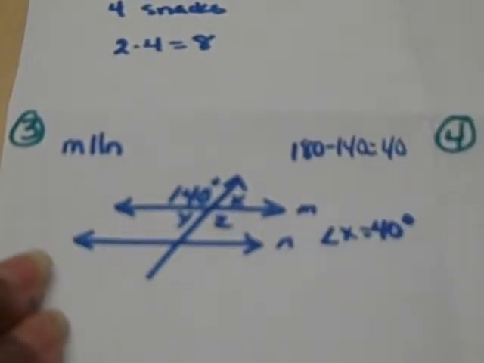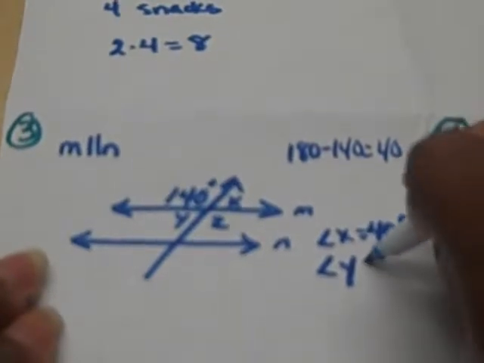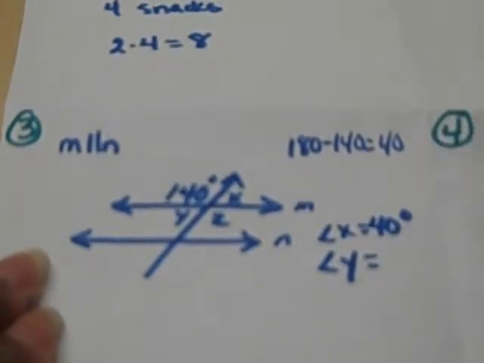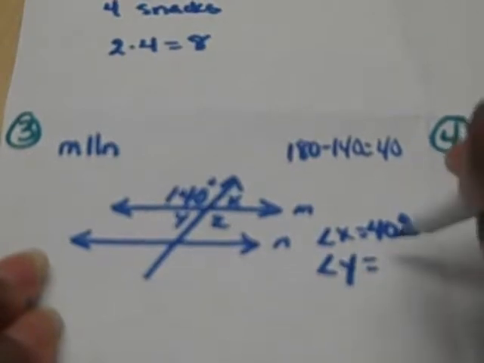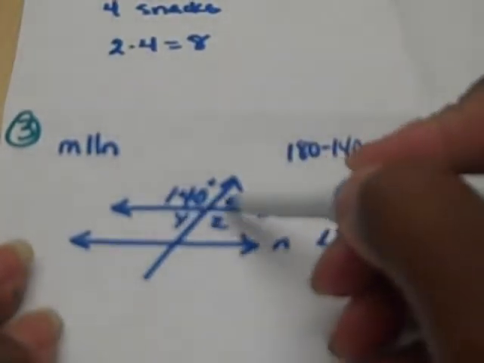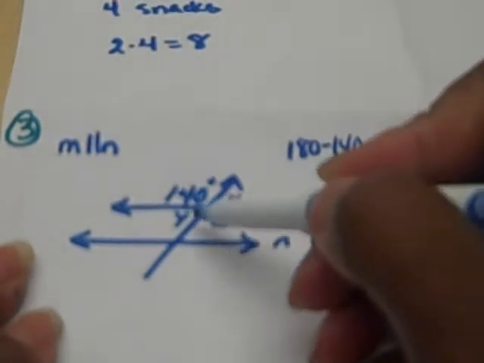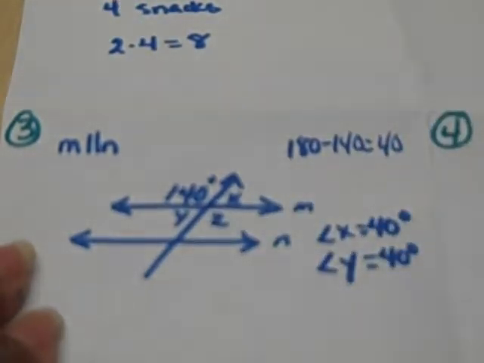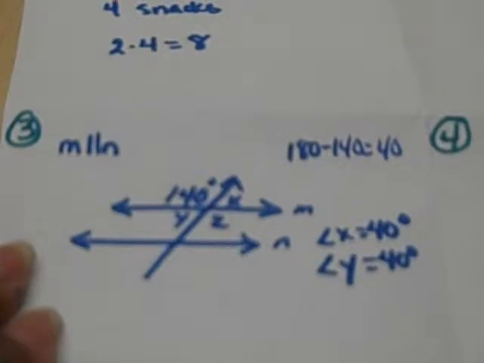Okay, now for y. Angle y also equals 40 degrees by means of vertical angles. X and y are vertical angles. We know that vertical angles are congruent, so y is also 40 degrees.